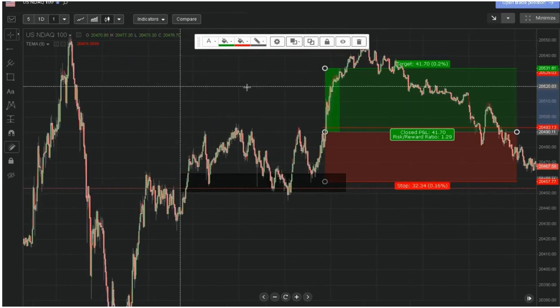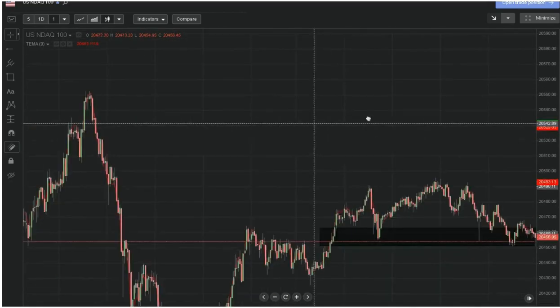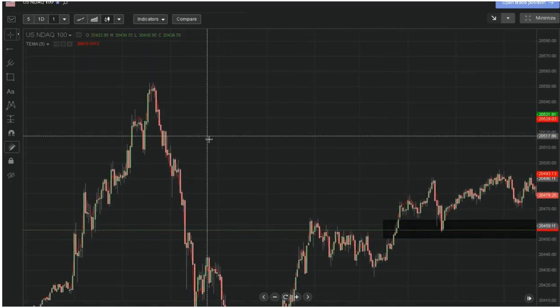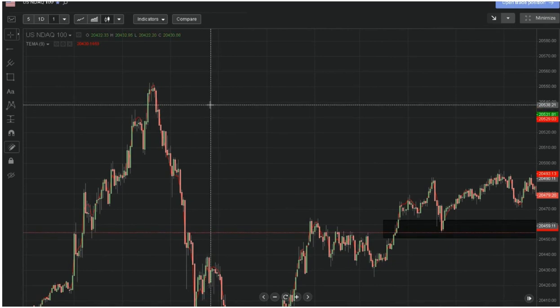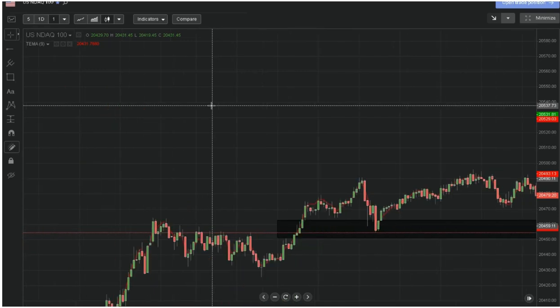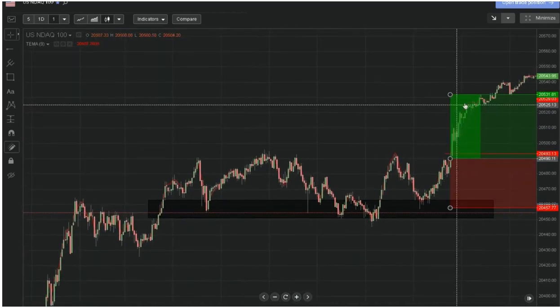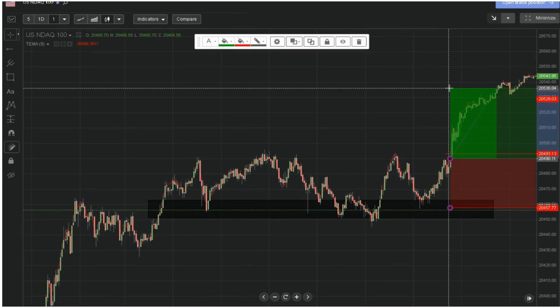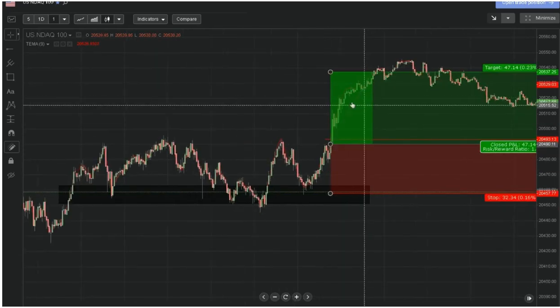I would have my first take profit at this fair value gap, I mean at this BPR, like this candle. Here, as you can see, we crushed this trade.